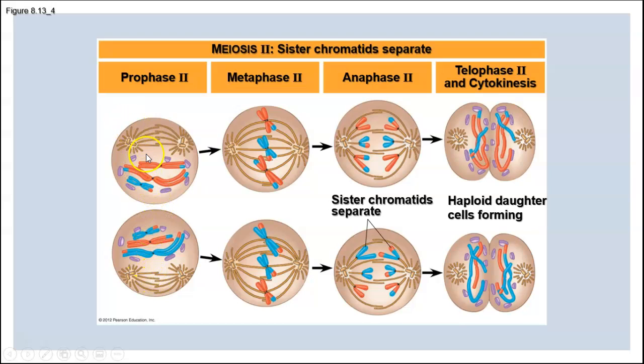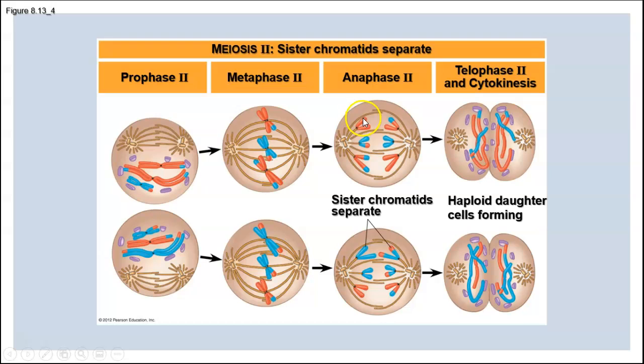And so here we have the two daughter cells, each of which is haploid with duplicated chromosomes. The spindle is going to form again, like we saw before. This time spindle fibers from both ends will attach to each centromere, like we see in mitosis.